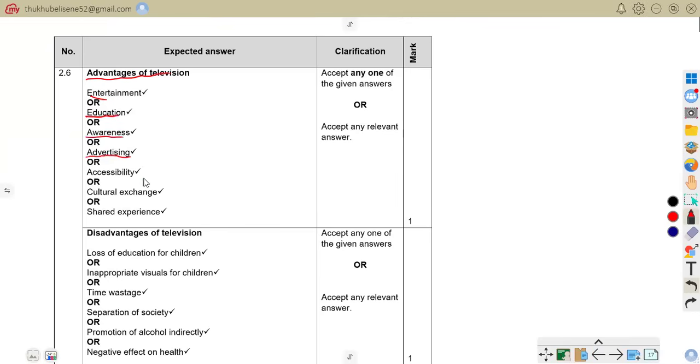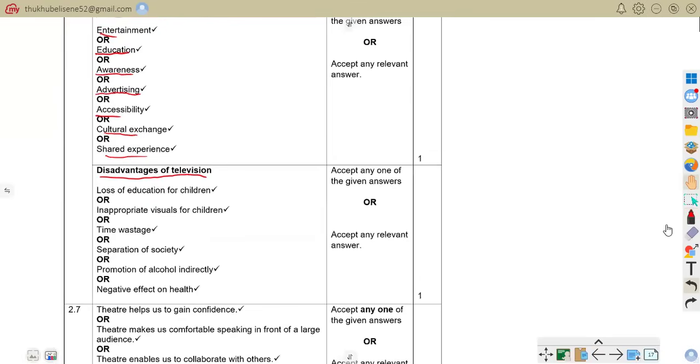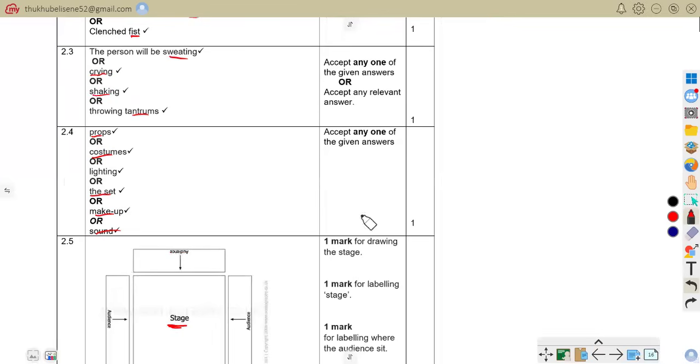Also, via television, we can market, advertise, accessibility, cultural exchange, and shared experiences. But the disadvantages are loss of education for children, inappropriate visuals for children, time wastage, separation of society, promotion of alcohol indirectly, and negative effects on health. So that is that.